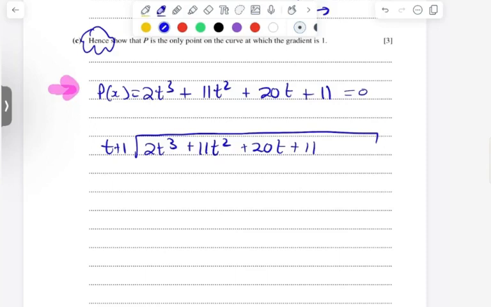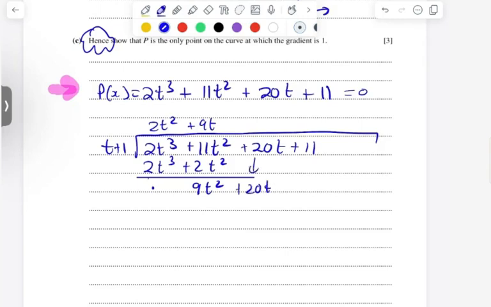So we've got to do some polynomial division here. So 2t squared, okay, so divide, multiply, subtract 11 to 9, bring down, becomes 9t. Oh, sorry, I forgot to bring down.